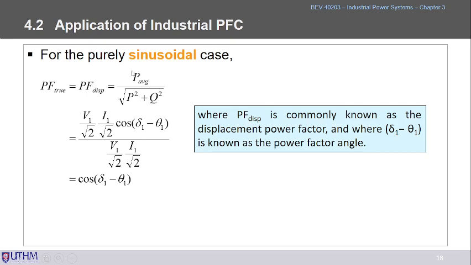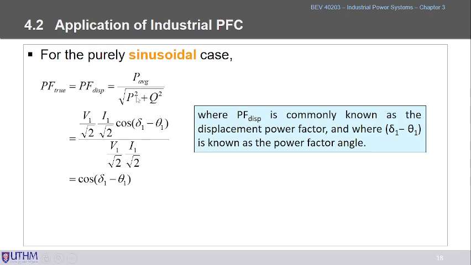And of course we can use back the P average divided by S. Then we can substitute in terms of the voltage and currents. For P average, V1 is the peak, divided by root 2 becomes the RMS, VRMS and IRMS, and cos of the displacement power factor angle.